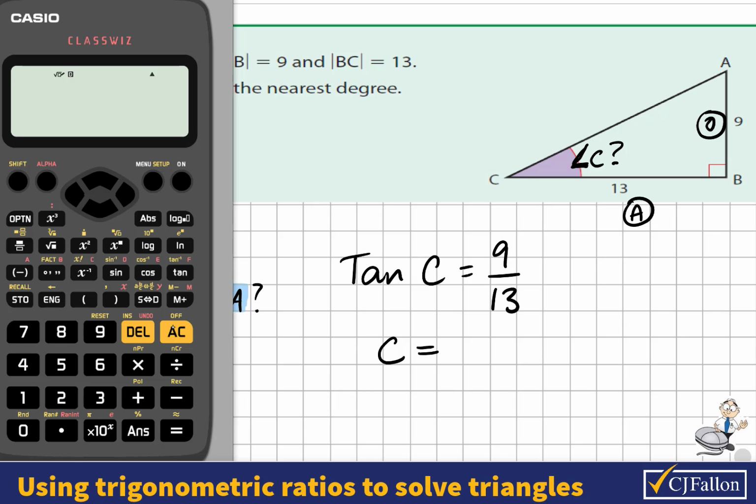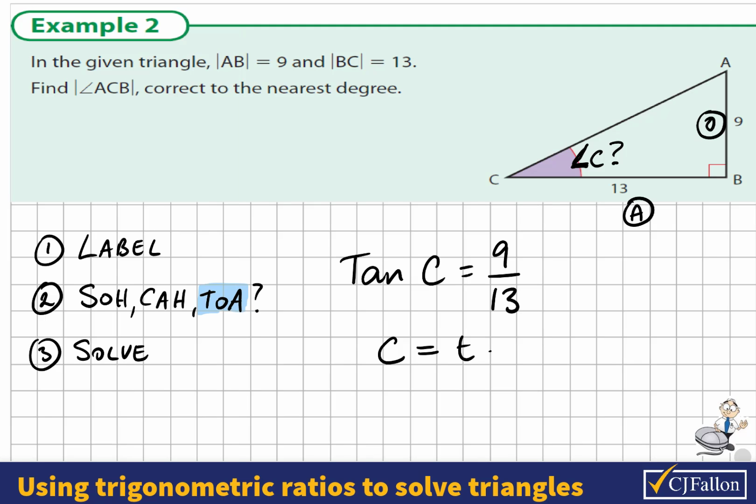So on the calculator, what I write then is tan inverse, shift tan. So every time I'm finding an angle, I'm always going to use tan inverse. And I write what I see, tan inverse 9 over 13. Okay. So I'm going to write this here. So my statement is that C is tan inverse 9 over 13.